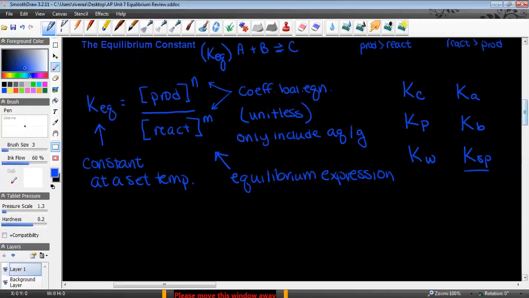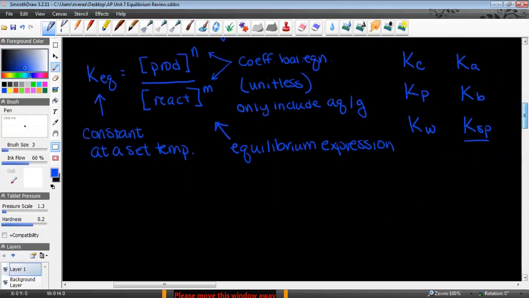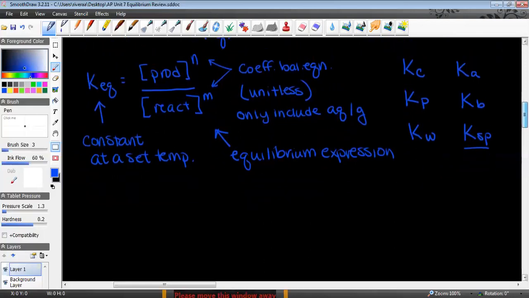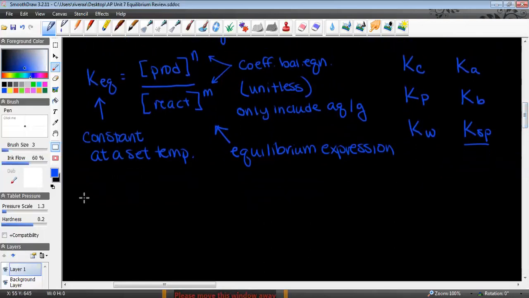In fact, maybe let's practice writing one equilibrium constant. Let's write two of them. I said we weren't going to practice, and now I'm practicing. Let's use an equation that we're going to see all the time, a super famous one, the creation of ammonia: H2 gas plus N2 gas making NH3 gas.